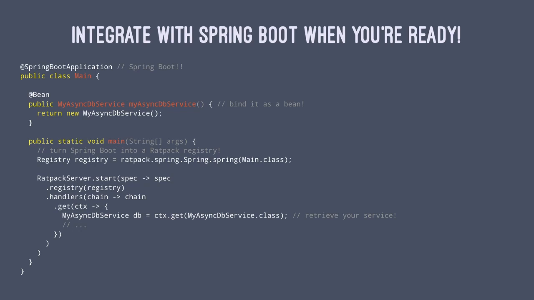And then from our handler chain, prior to that, we set up a registry using this convenience method that's provided as part of Ratpack's integration with Spring Boot to tell it that we want to transform the Spring application context from our configuration class into a Ratpack registry. That work was done by Dave Syer, so it's very good.